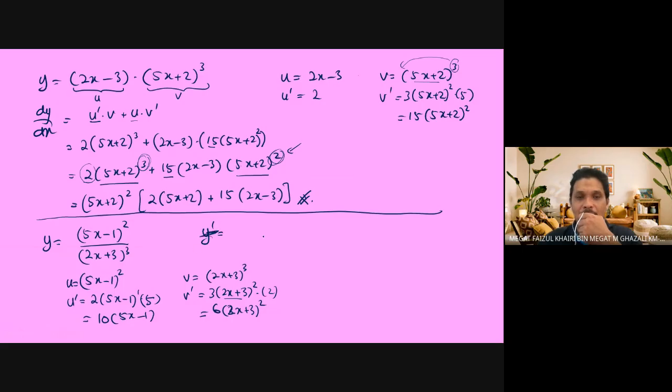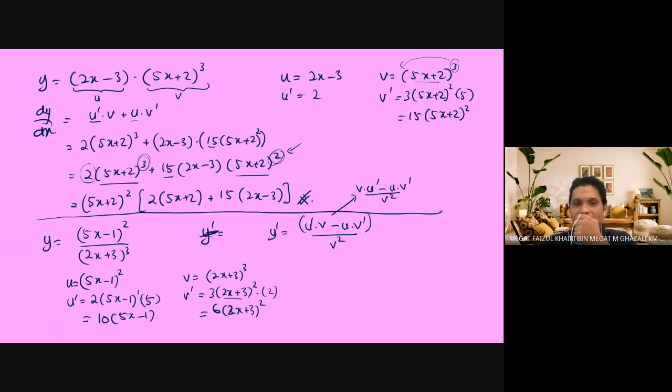Okay, so now y prime, or dy/dx, equals u prime times v minus u times v prime, divided by v squared. For this part, in the textbook or reference book, they write this as v u prime minus u v prime divided by v squared.